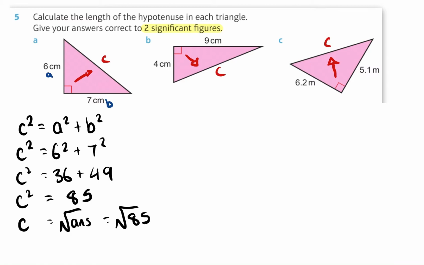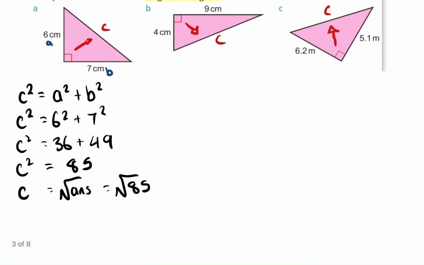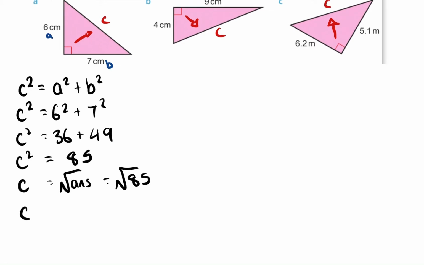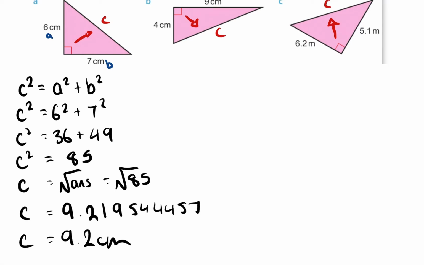When you get more complicated numbers, it's easier to just do that. The square root of my answer to two significant figures, C equals 9.2. I'll show you what the calculator says: 9.219544457. So if it wants it to two significant figures, C equals 9.2 centimeters.